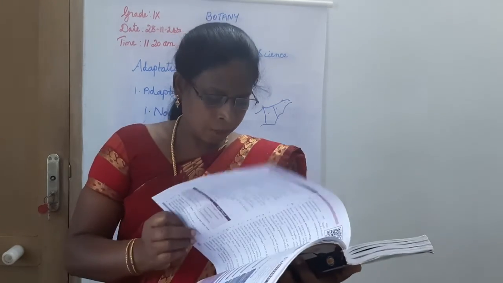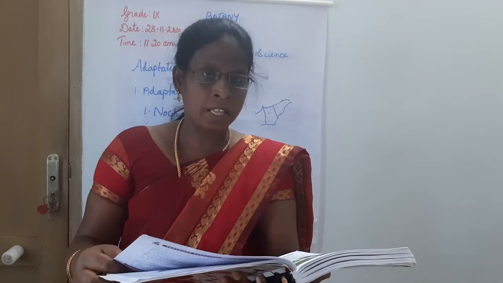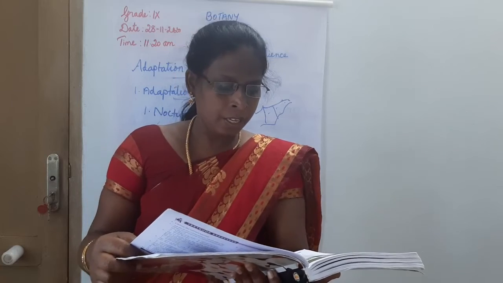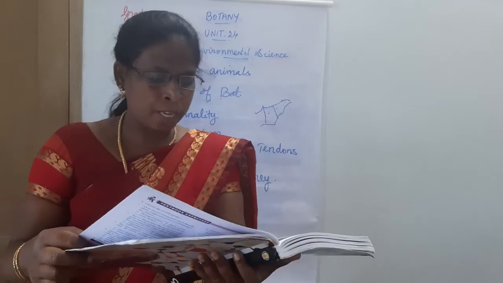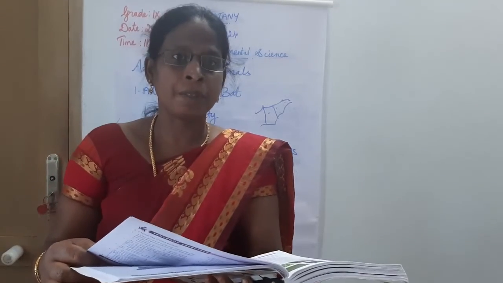Then for the reason why, you can take page number 294. Under the heading xerophytes, second paragraph, first point: to absorb as much water as they can get from the surroundings.